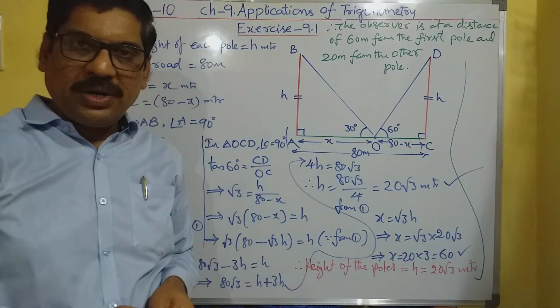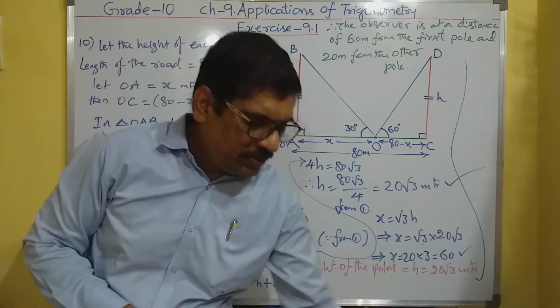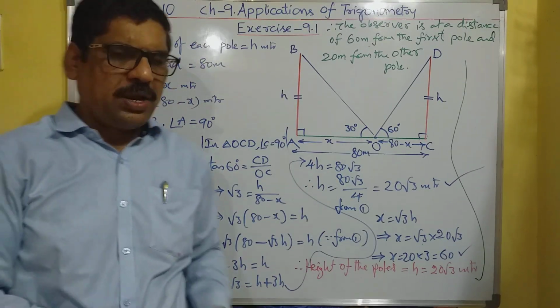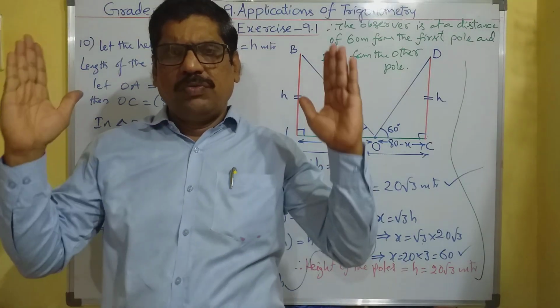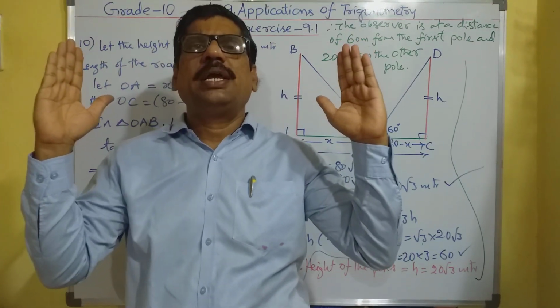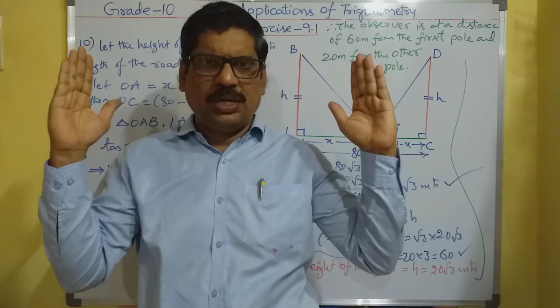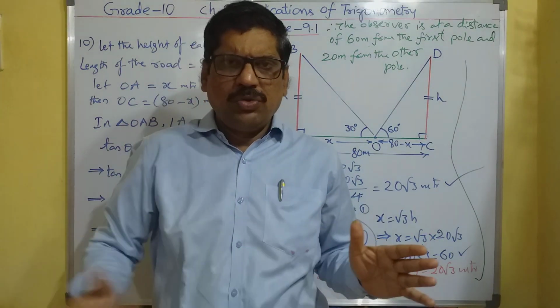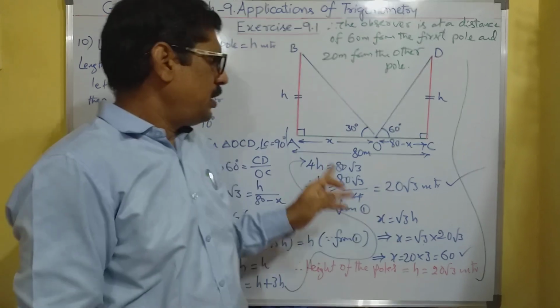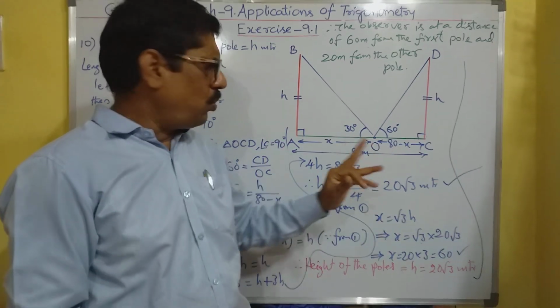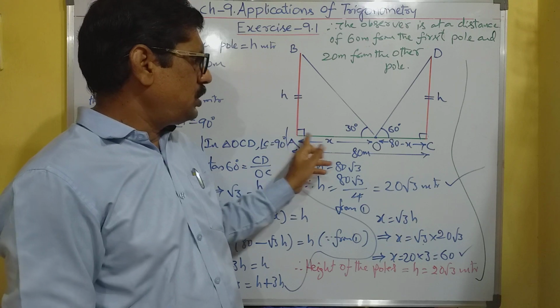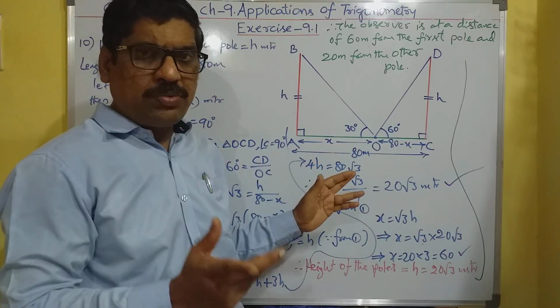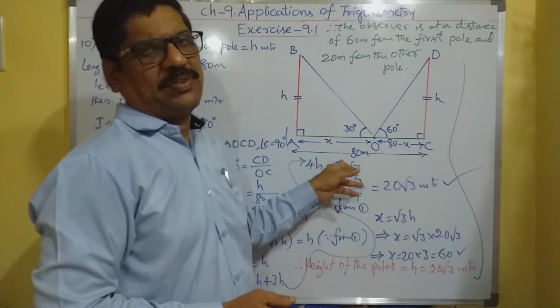Okay, did you understand? So, once again, just a brief explanation. Here there are two poles of equal height standing opposite to each other on either side of the road. So the length of the road is nothing but the distance between the two poles, that is 80 meters, given.